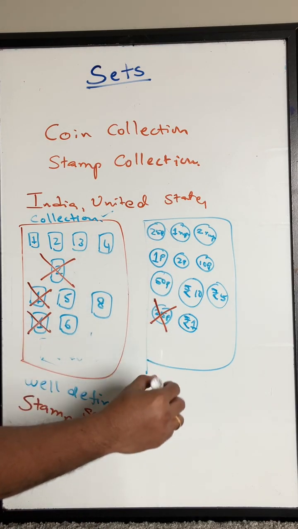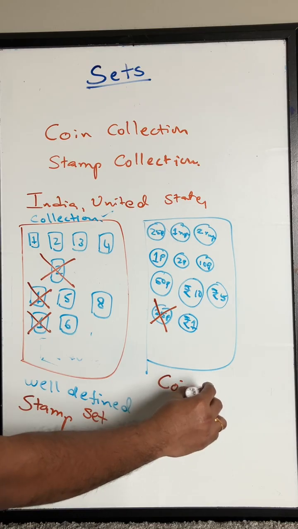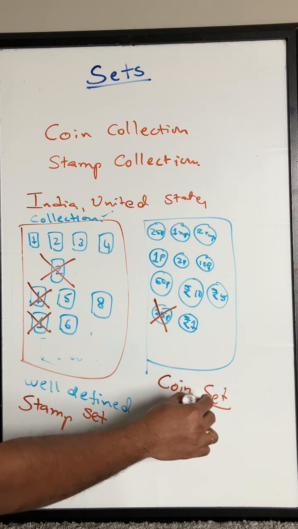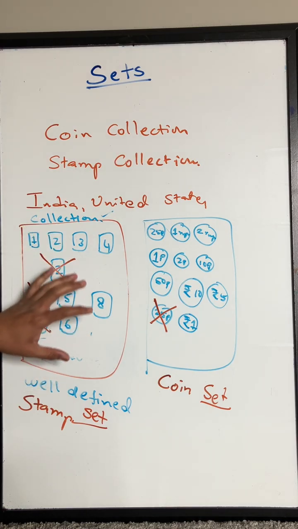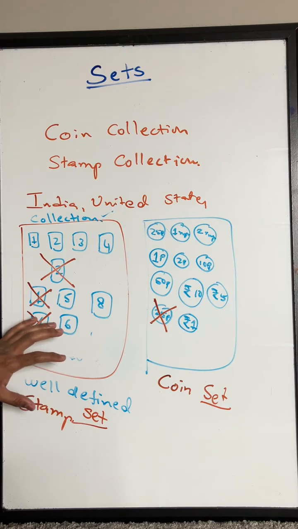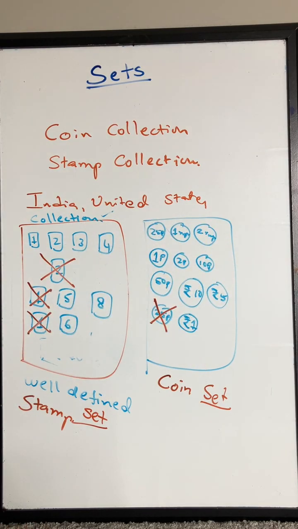So you can say that this is my coin set. You see the word I introduced, set. That is what our chapter says. So a set is a well-defined collection with distinct objects. So these are all sets.